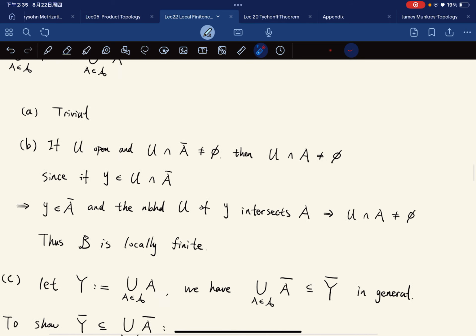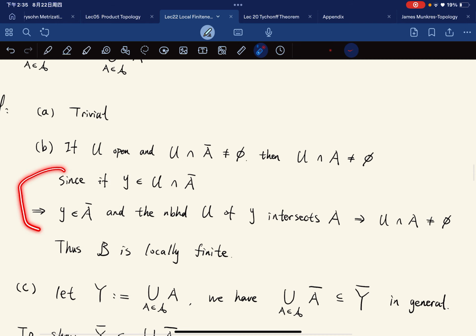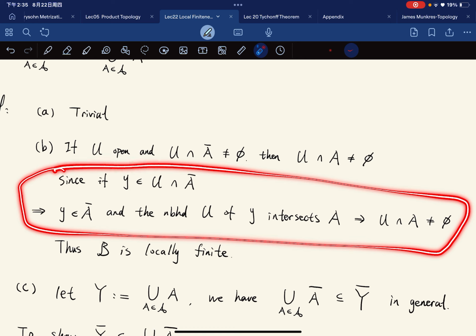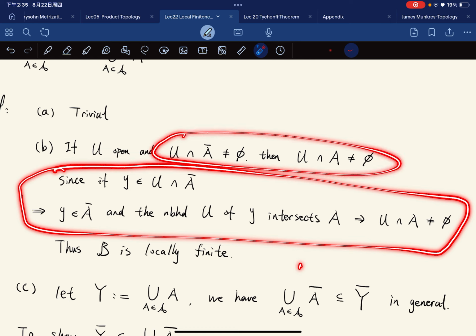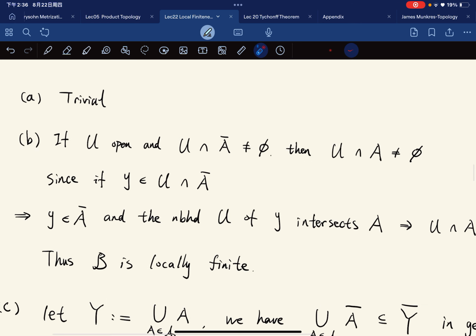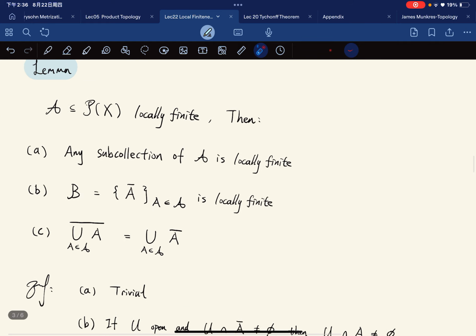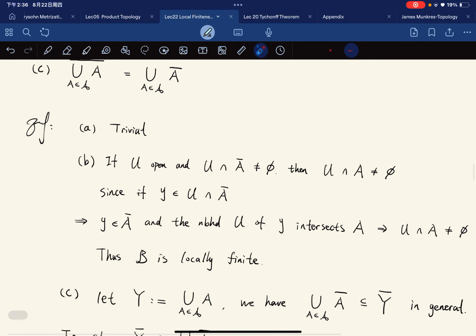For part B, if U is open and U and the closure of A are disjoint, then U is disjoint from A. This is the proof here. From this, B is locally finite, because if you intersect infinitely many of the closures, then you will intersect infinitely many of the A's. So B is locally finite, given that A is locally finite.